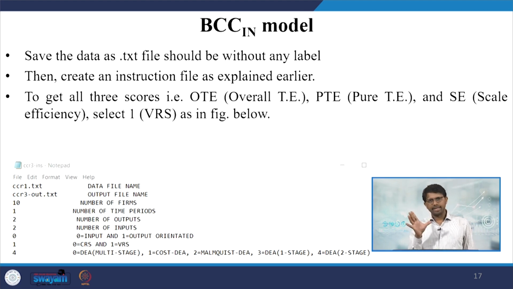The data which we have already shown you, 2 inputs, 2 outputs. At this moment, since we are changing to BCC, if you remember the theory, it is related to the assumption, which is related to returns to scale, variable returns to scale. We used to have the CCR model, which is all about constant returns to scale.